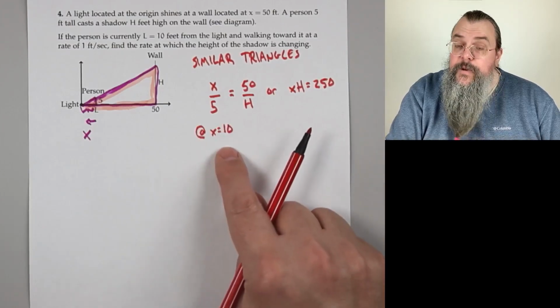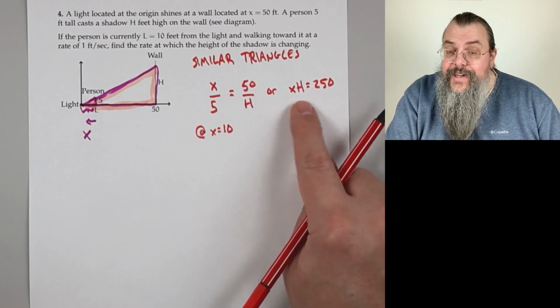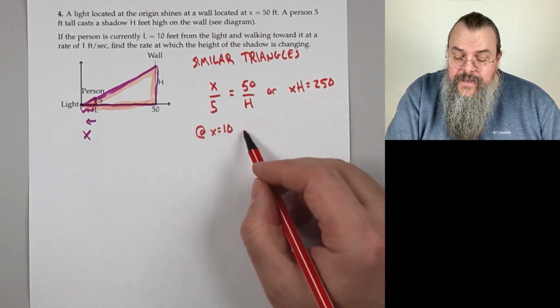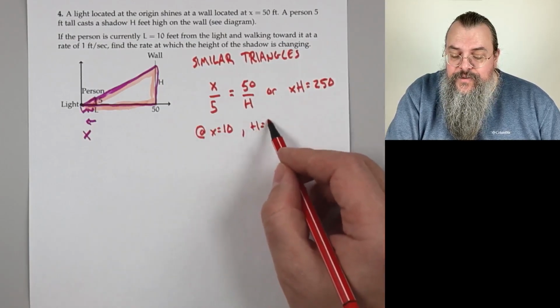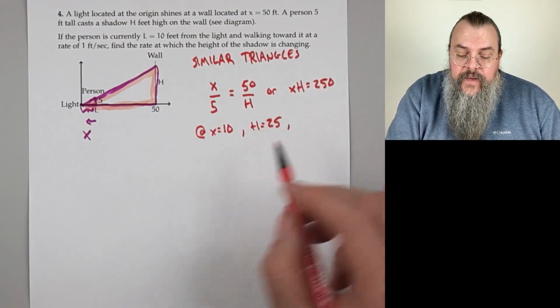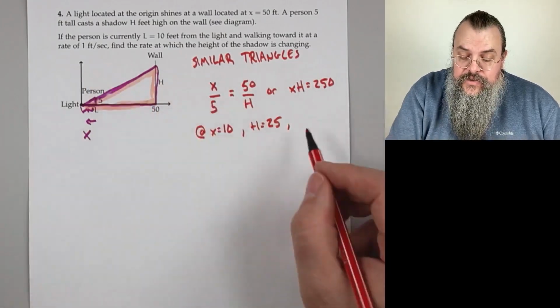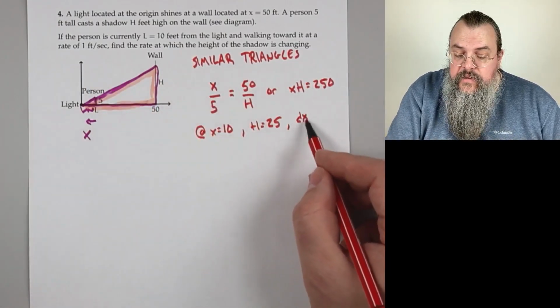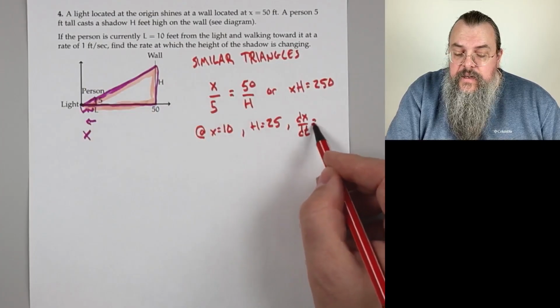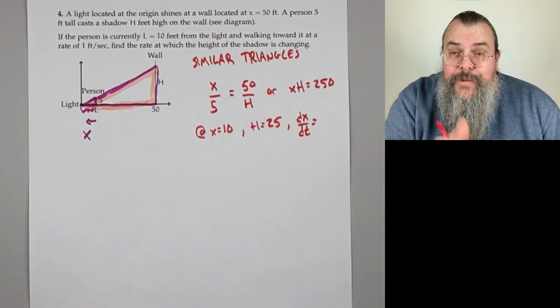Now, if we know x equals 10, what's h? 10h equals 250. That says h has to equal 25. So x equals 10, h equals 25, and we also have a rate of change, dx/dt. Now, it's moving towards it at a rate of 1 foot per second.